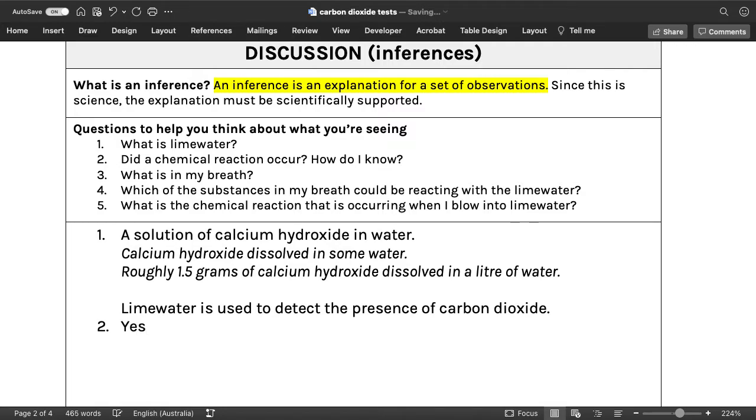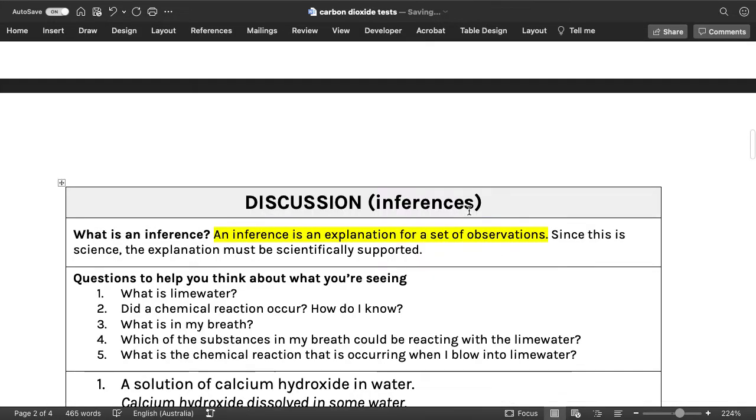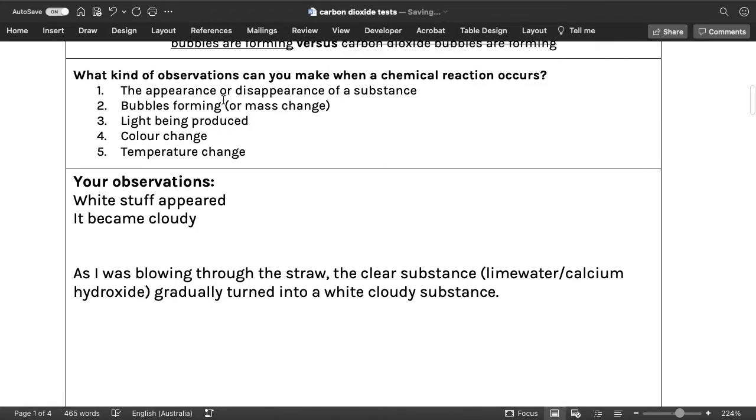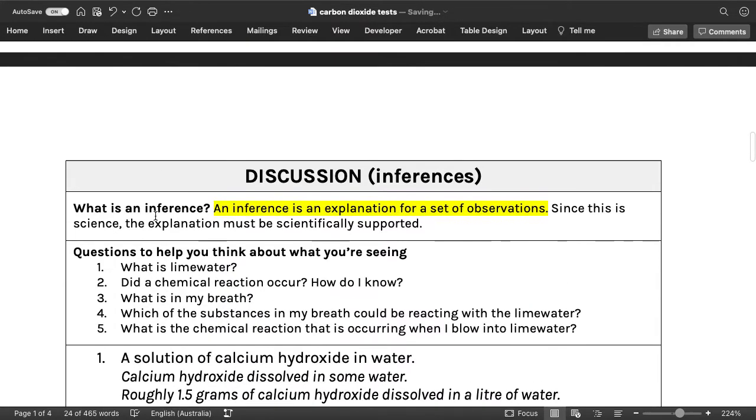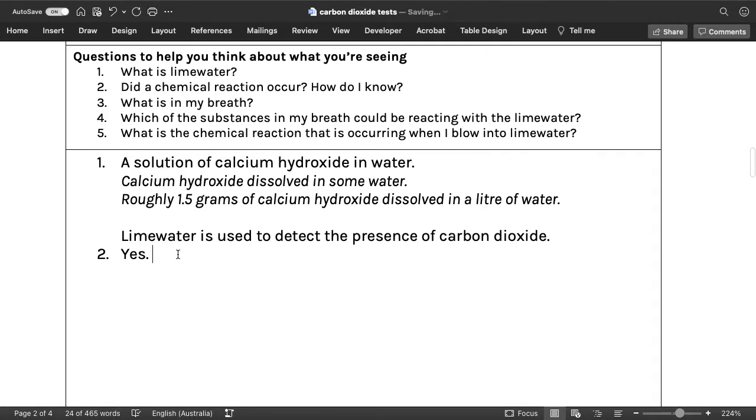Yes. How do I know? Okay, so if we look at the physical signs of a chemical reaction, that's how you demonstrate that, right? So how do I know? Yes, a chemical reaction occurred. Let's do bad English and start the sentence with because.